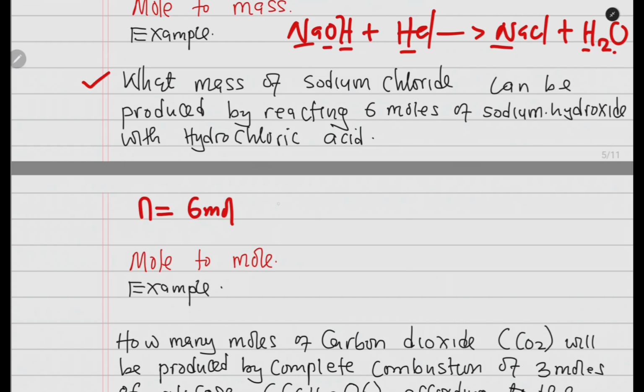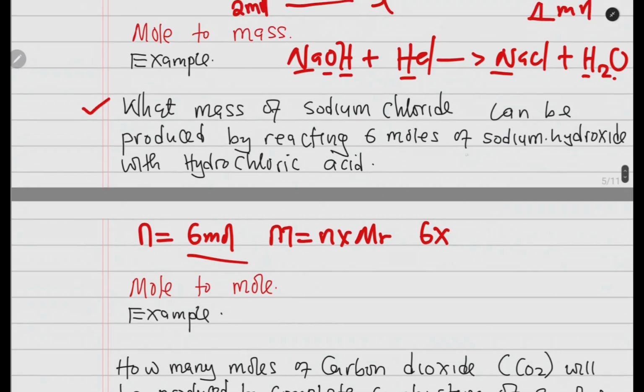Now, finding the mass, if you're asked to find the mass, you can say mass is equal to number of moles multiplied by the molar mass. Number of moles is 6 multiplied by the formula mass of sodium chloride, since these are moles of sodium chloride.